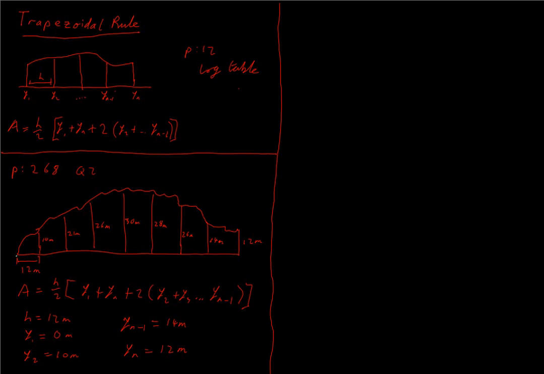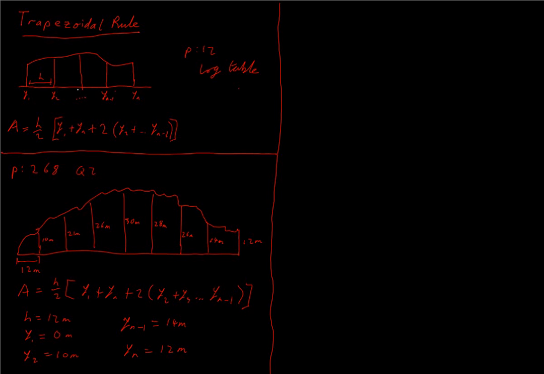And if we look at question 2, which is the question we're actually going to do as an example, you can see that y1 would be 0, because our curve actually starts right down at the measurement line. So if we measure up from our measurement line to the curve at the beginning, that distance is 0. Then our y2 in this case would be 10, and our y3 would be 21.